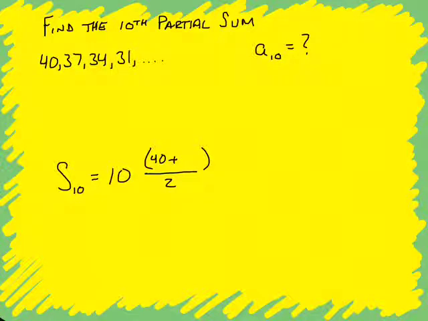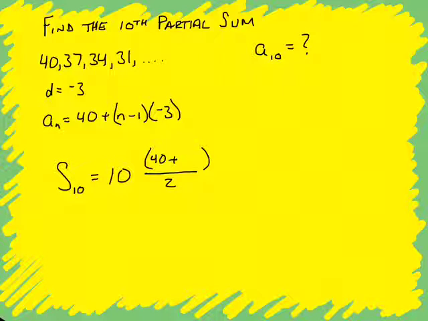Now, clearly we could go through the process of finding a sub 10 by counting out 10 terms, but if you recall, we can easily look at this and say, well, our common difference appears to be negative 3. We're adding a negative 3 every time. So our a sub n formula should be the first term plus n minus 1 common differences.